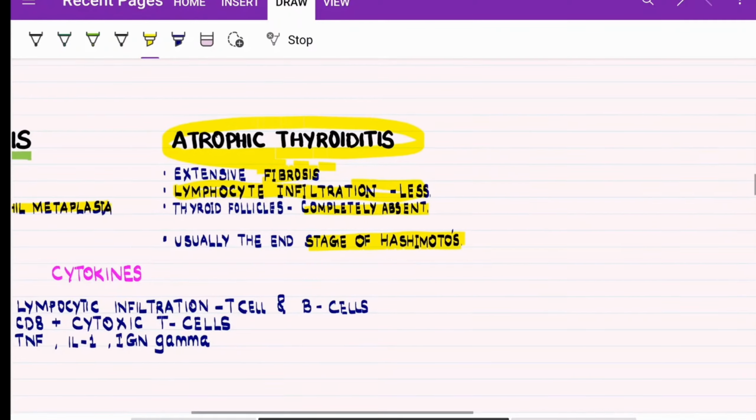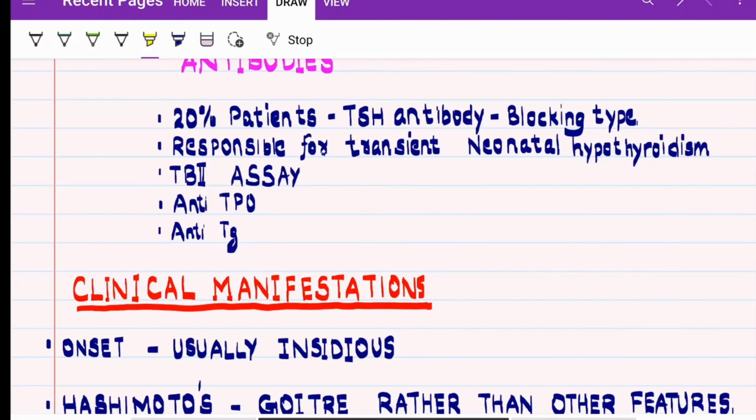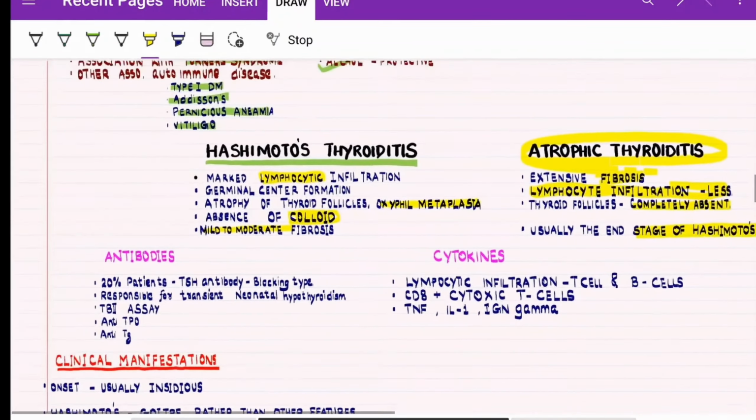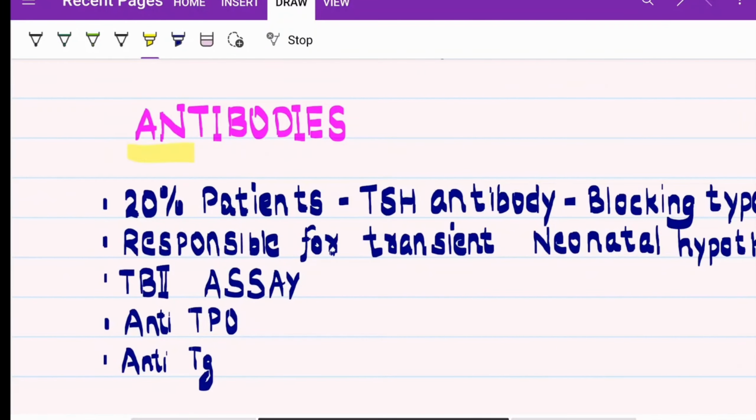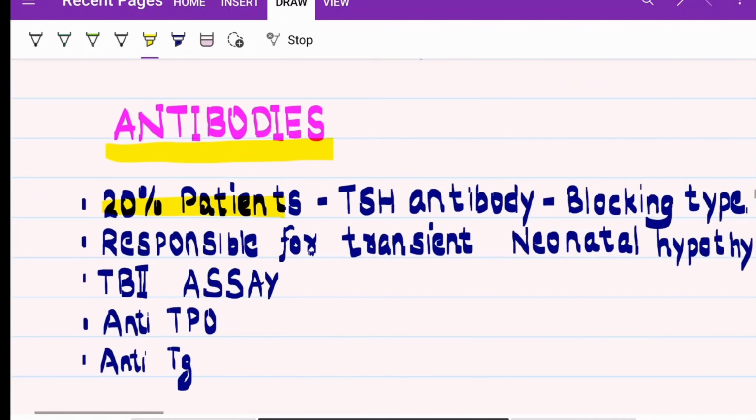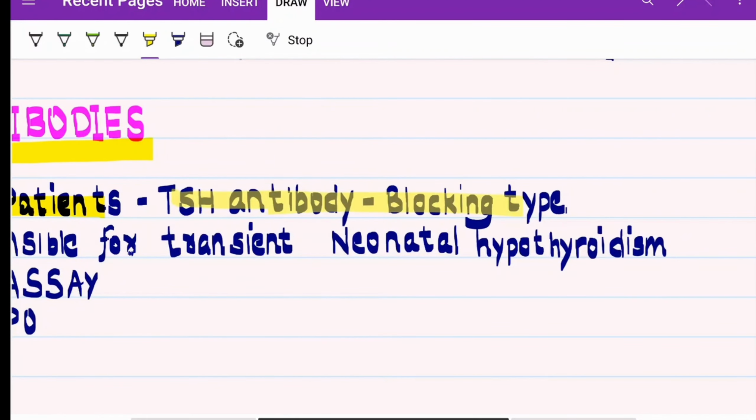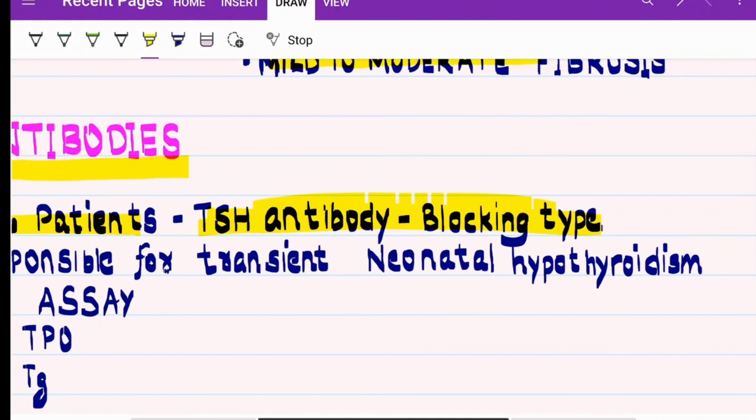Okay. Then we have the antibodies related to Hashimoto's thyroiditis. First, we should understand that in 20% of patients there will be a blocking type of TSH antibody. When TSH comes from the pituitary gland, it is blocked by these antibodies, which are produced by the body.